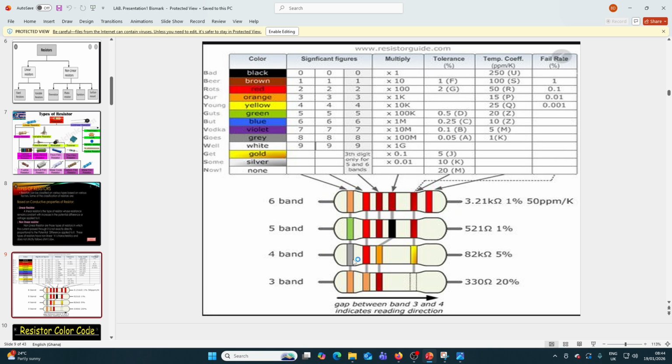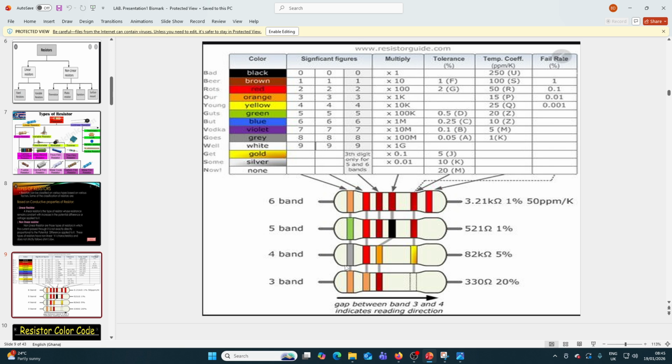So let's look at the second one, which is red. So you come here, red is 2. So now we have 8, 2. Then orange is your multiplier, so come here, orange is our multiplier. So if orange is our third, then the multiplier is 1k.